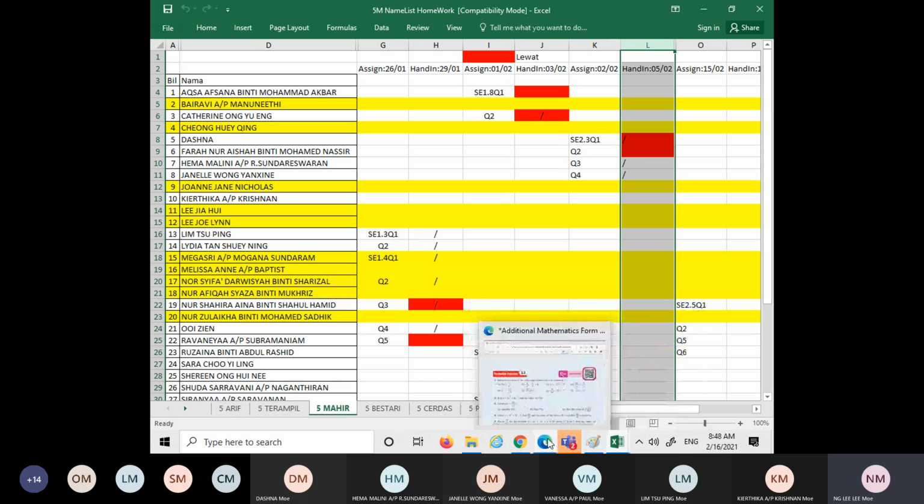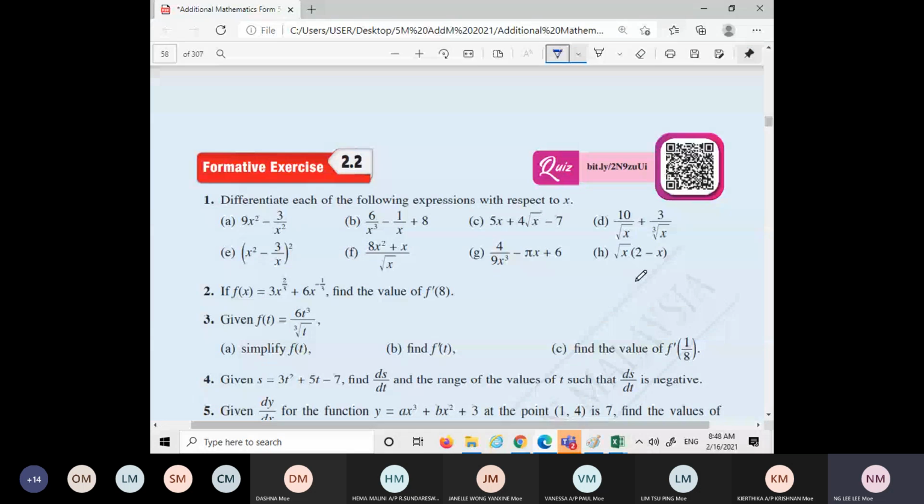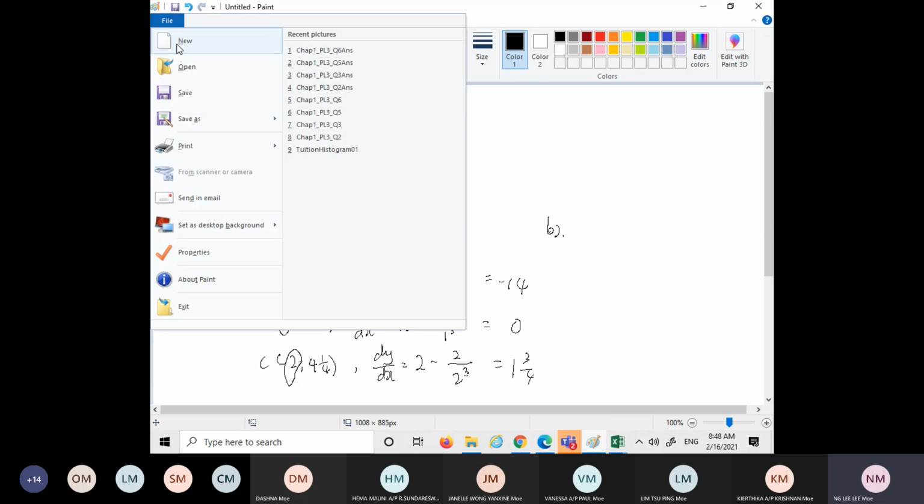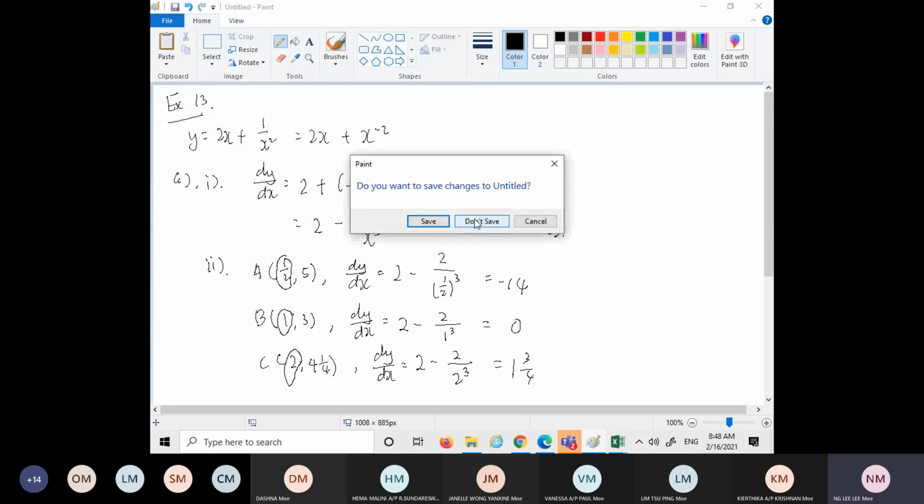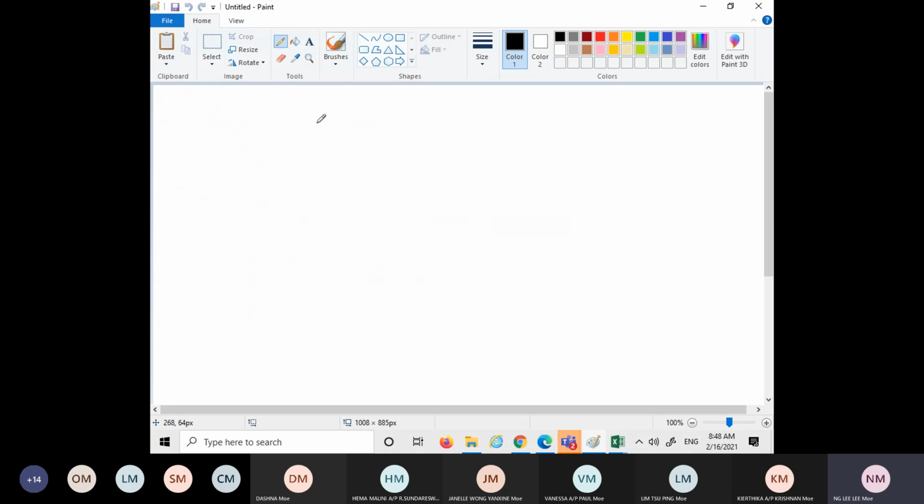Okay, go back to the textbook. This is page 48, if you have your textbook, page 48. This is formative exercise 2.2.